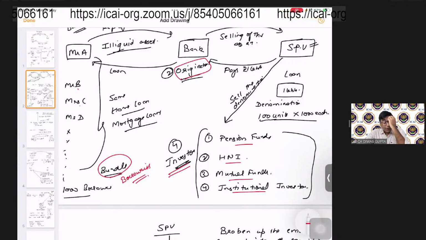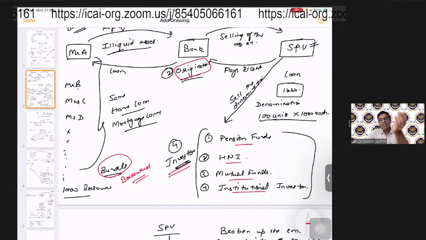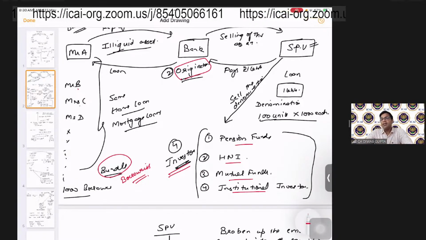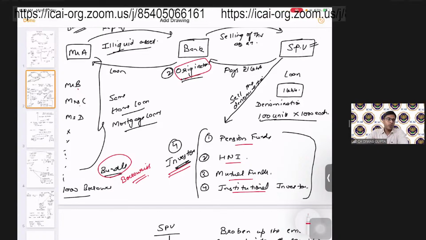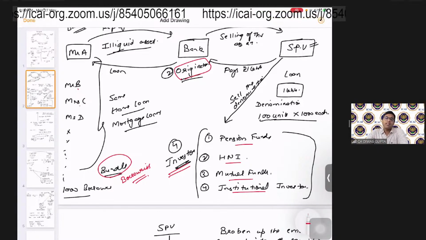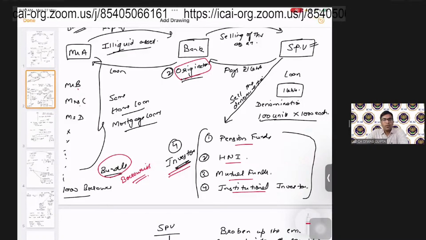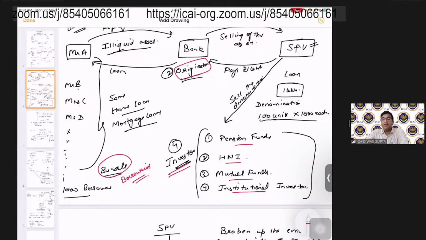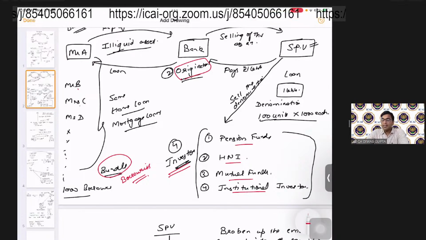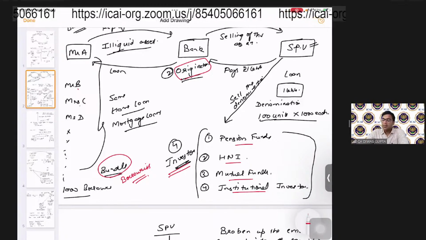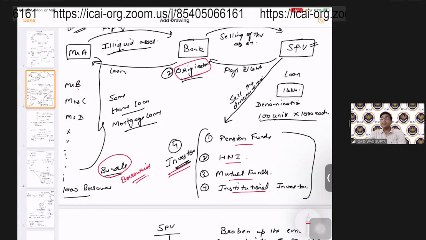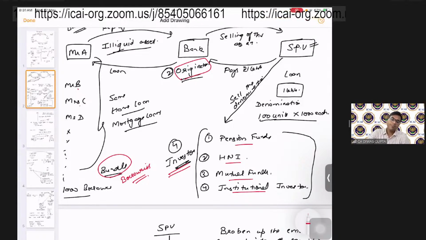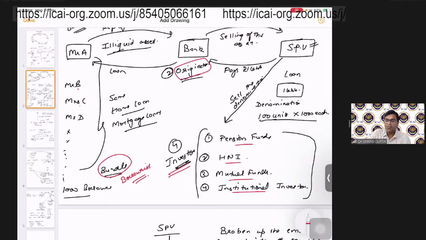So they will purchase these securities from SPVs and invest in the SPV. The SPV will use that investment to purchase the assets from the bank. And the SPV will sell the denominations in multiple units, 100 units of 1,000 each, for example. That is how 1 lakh will be arrived at, because it will create smaller units in the form of that denomination.